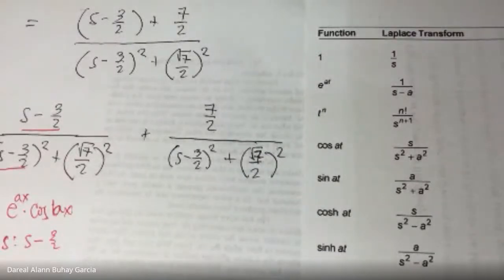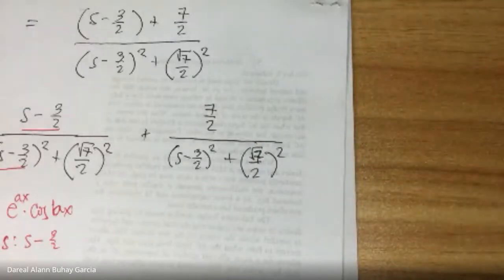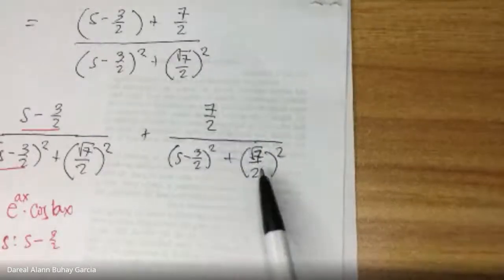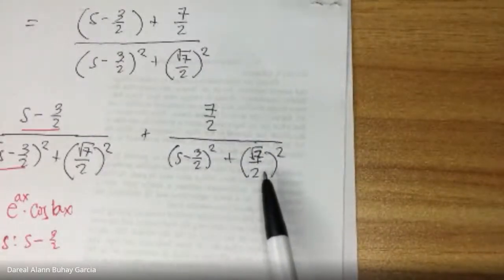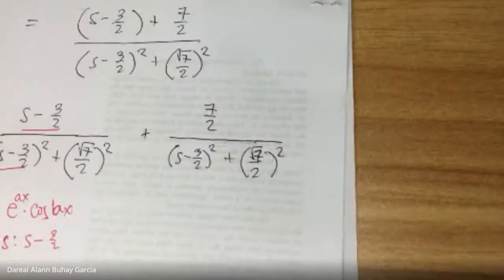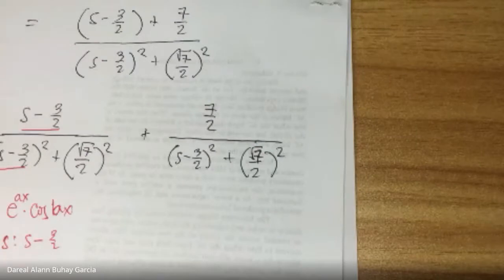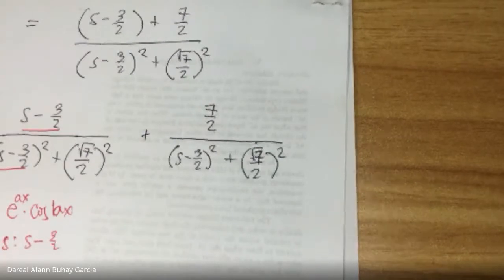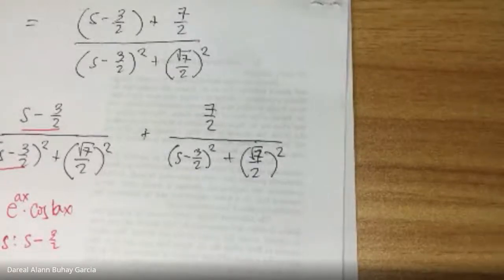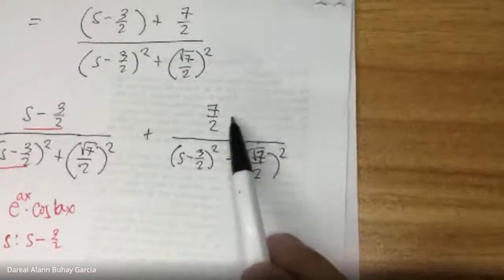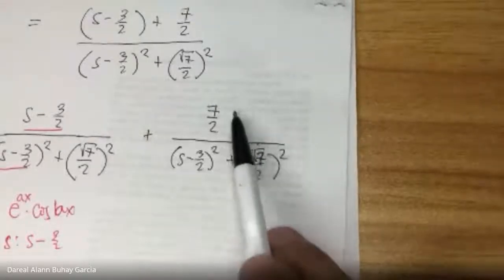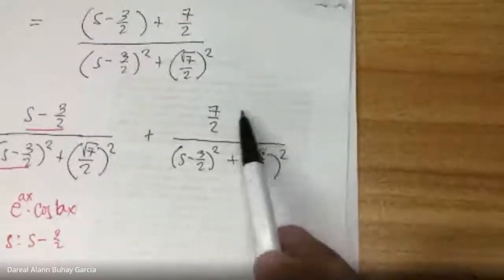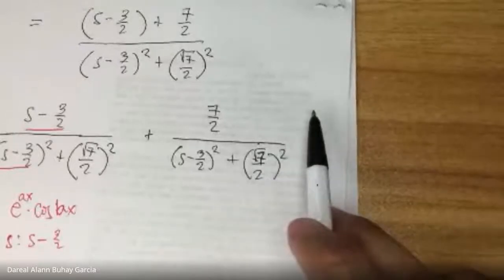So unsa tong buhaton ani, no? How will we transform 7 halves into square root of 7 over 2? Dapat square root of 7 sa numerator. So multiply nato yung square root of 7 over square root of 7.